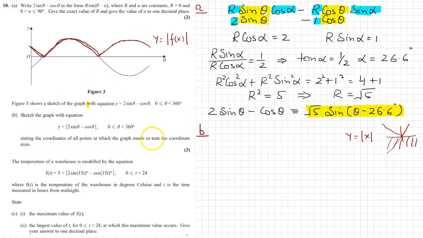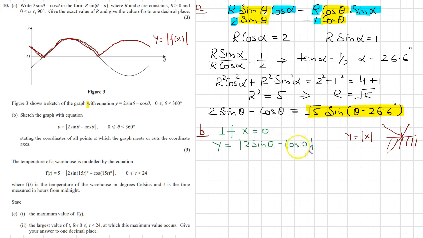Now the coordinate where the graph cuts the coordinate axis. So for this, if x is equal to 0, y will be 2 sin 0 minus cos 0.